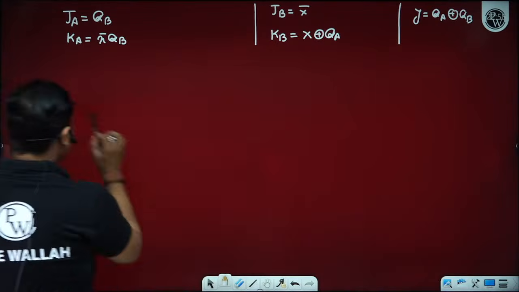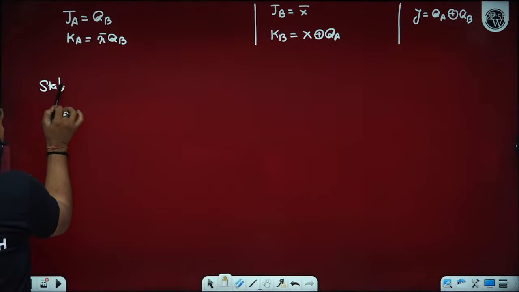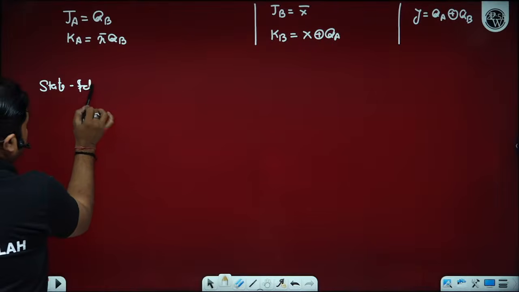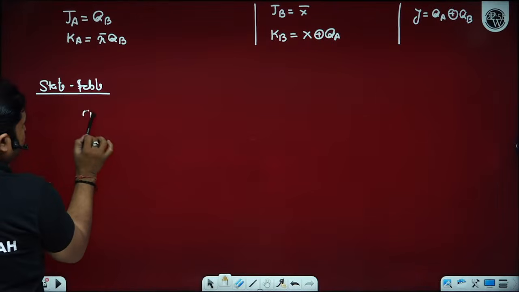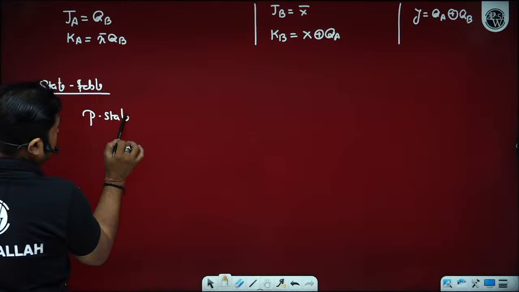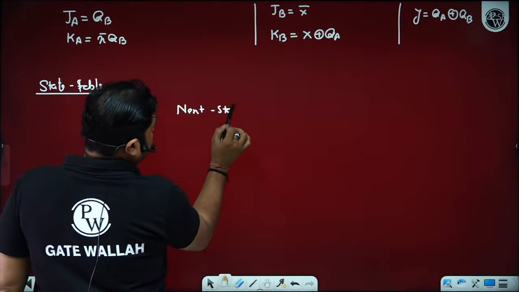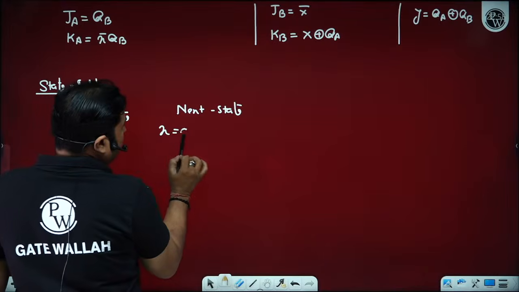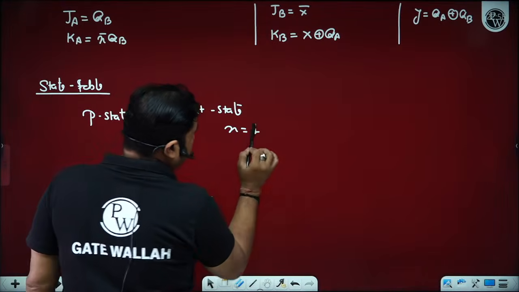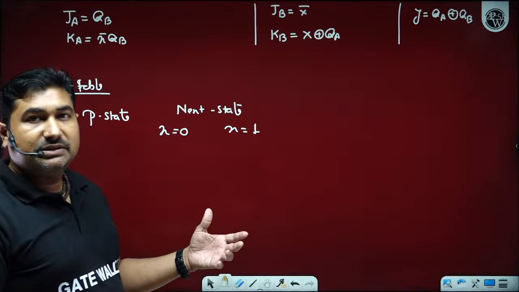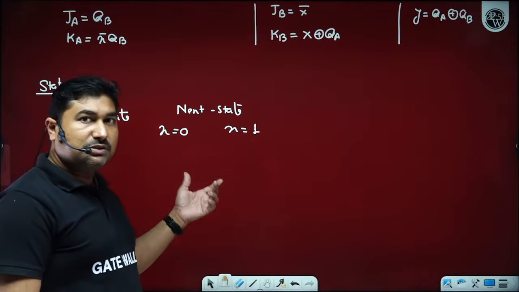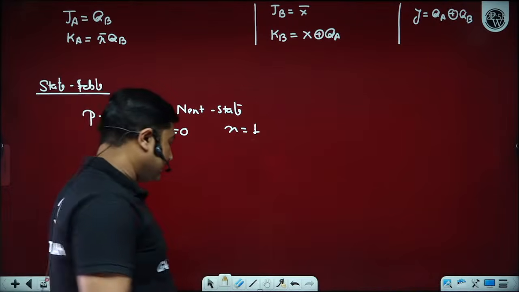Now, state table. So in a state table, first we have to write present state, then next state with X equals to 0. Since we have only one input, if we had two inputs, it would become XY: 00, 01, 10, 11, four possibilities.